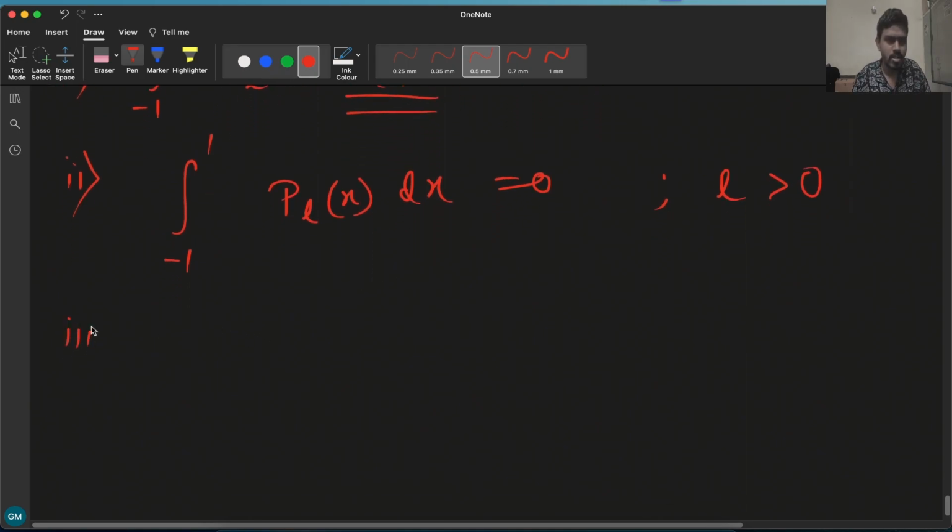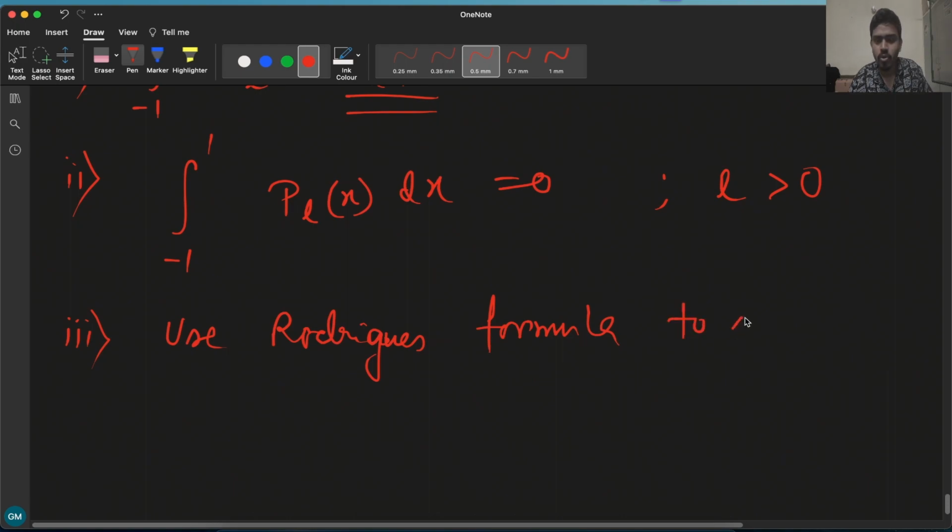The next homework: use the Rodrigues formula to show that P_L(-x) equals (-1)^L P_L(x).